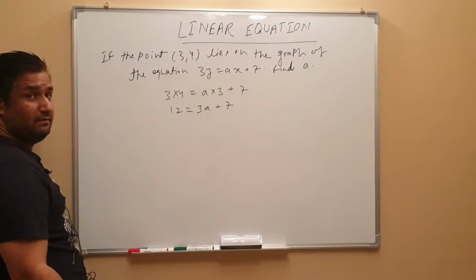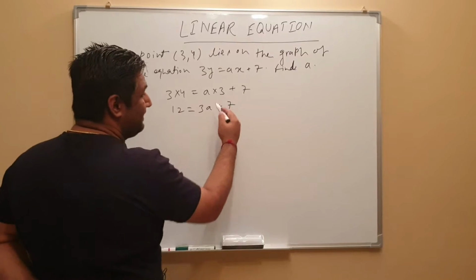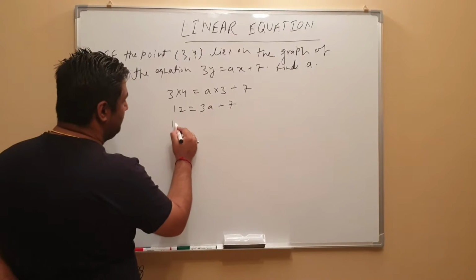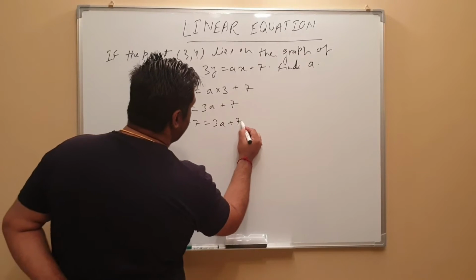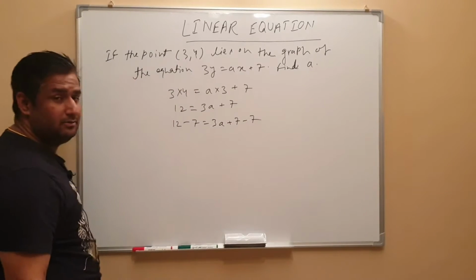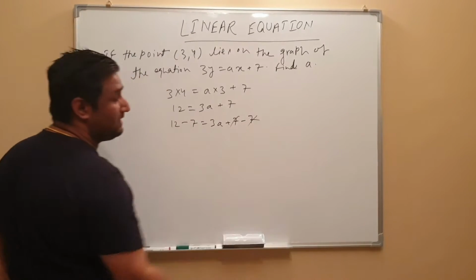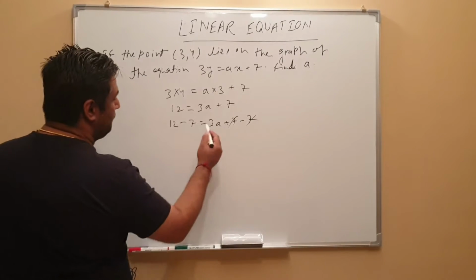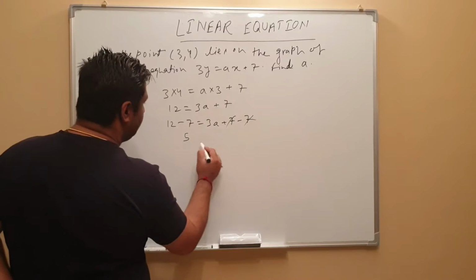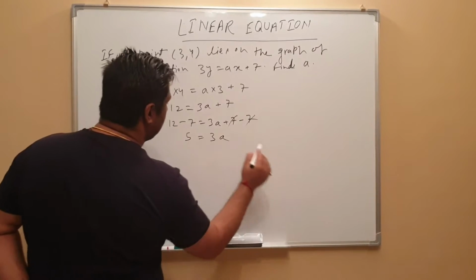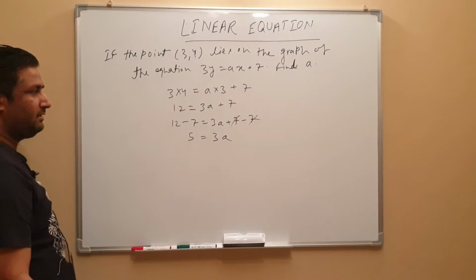Now we have to get the value of a. We first get rid of the 7, so we subtract 7 from both sides. The plus 7 and minus 7 cancel, and 12 minus 7 gives 5 equals 3a, correct?